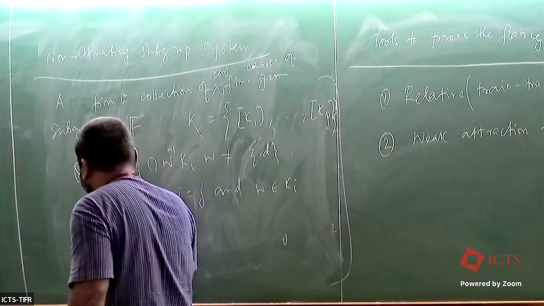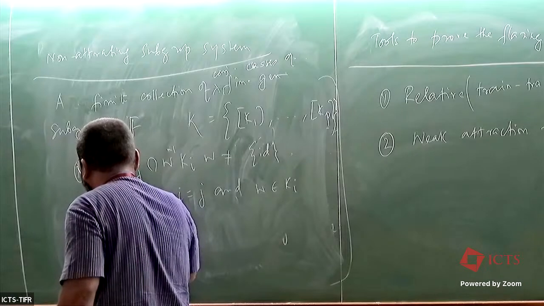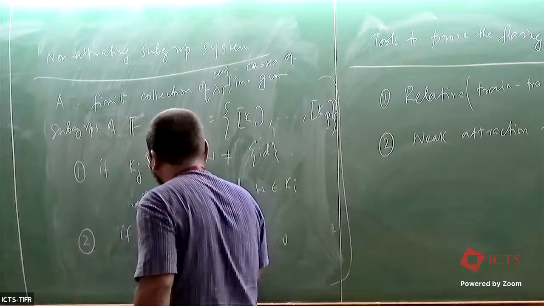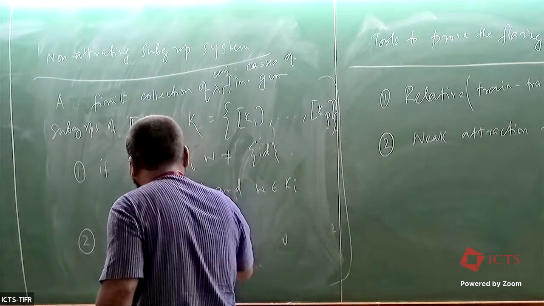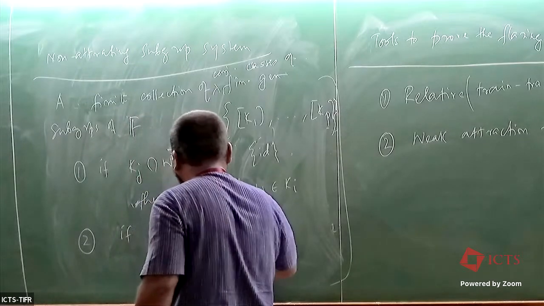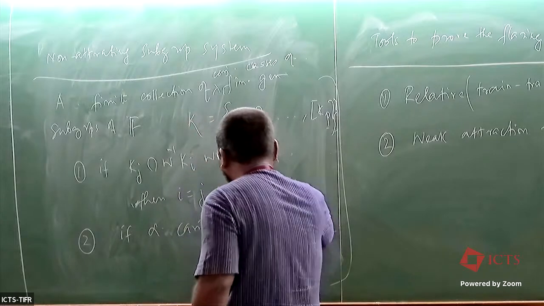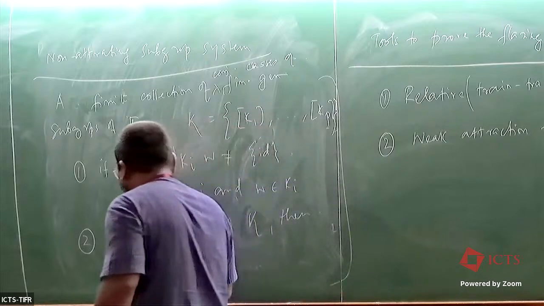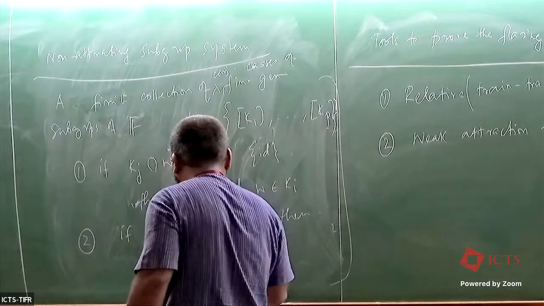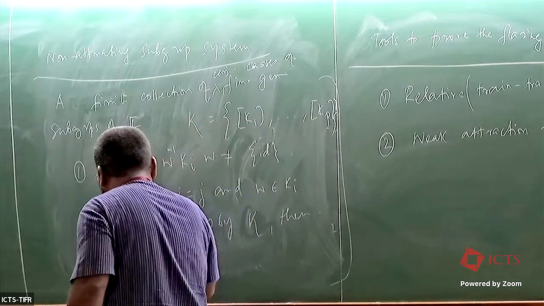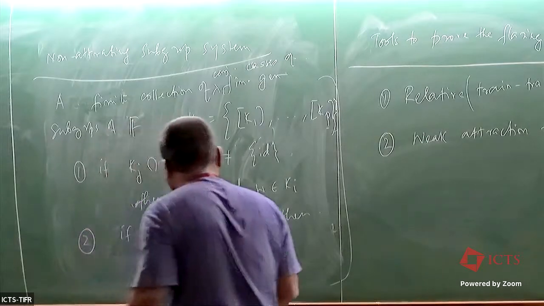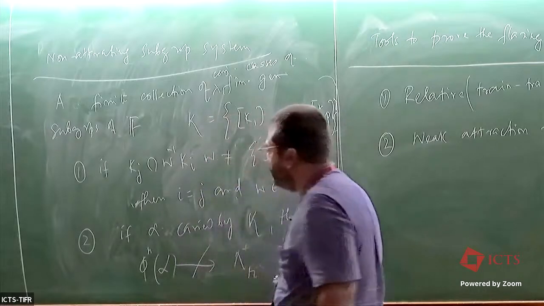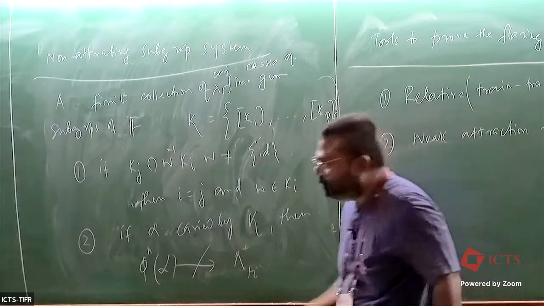Two is every conjugacy class alpha carried by this K, then alpha does not limit, so phi to the power does not converge to lambda plus r. Okay.